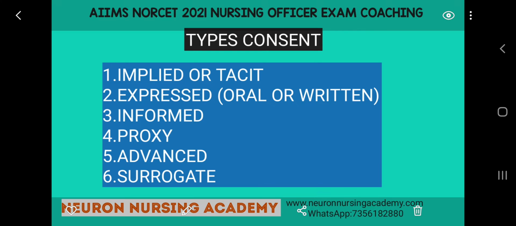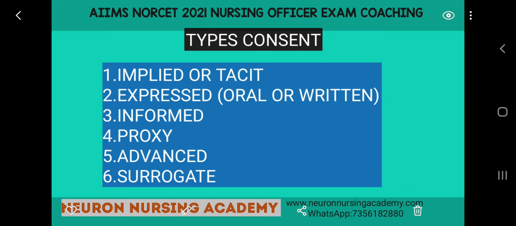Next, some consents will not be valid. Suppose the patient is mentally ill, or drowsy, not conscious, all those things. In that situation, if a drowsy patient or mentally ill patient gives some consent, it is not valid. And who can give consent? A person above 12 years can give consent.